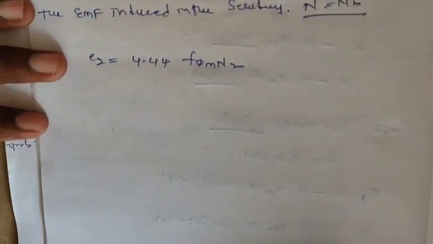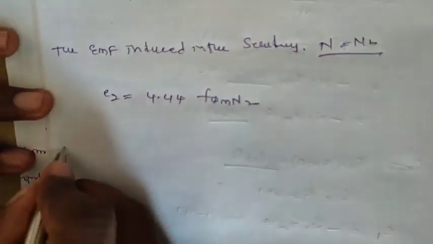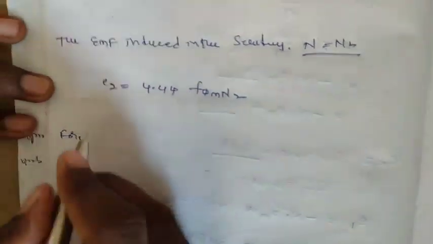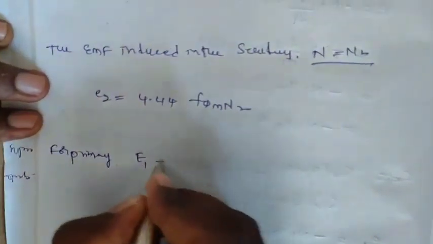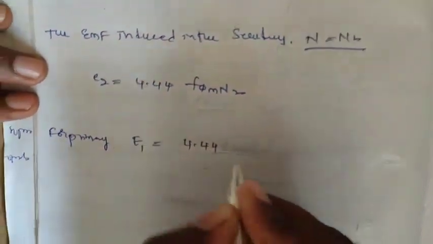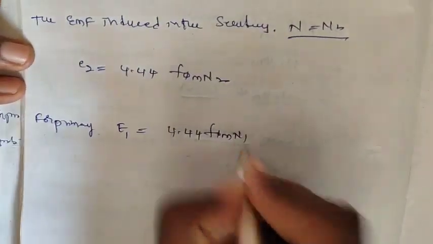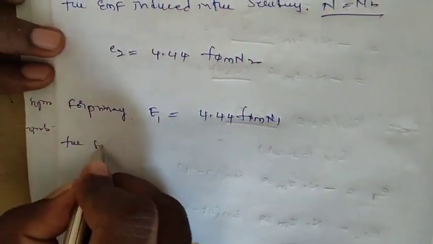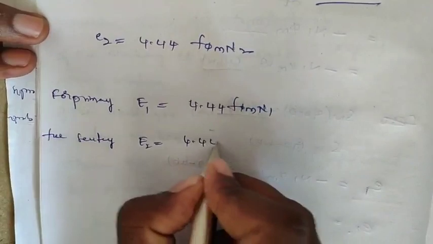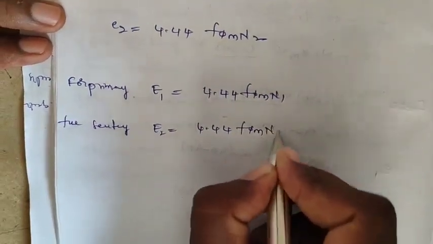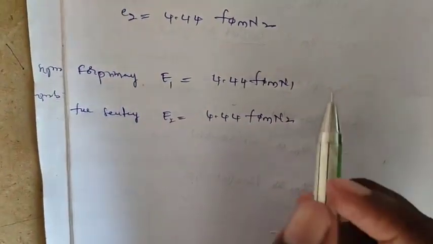This is the EMF equation of transformer. For primary, E1 equals 4.44 f Φm N1. For secondary, E2 equals 4.44 f Φm N2.